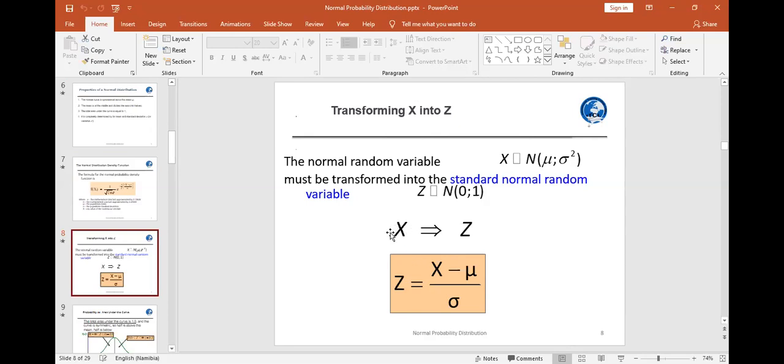So we need to transform it to the Z, the standard normal random variable. With this Z, we should now be able to read the probabilities from the standard table, from the Z distribution table.